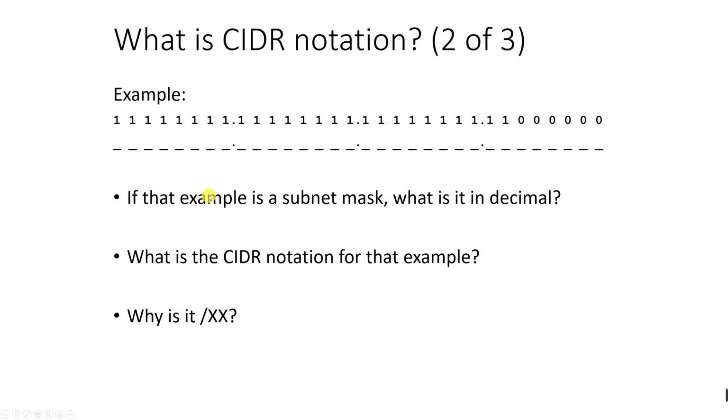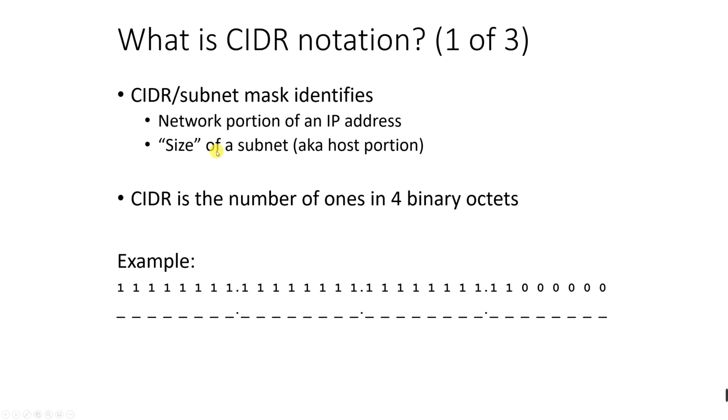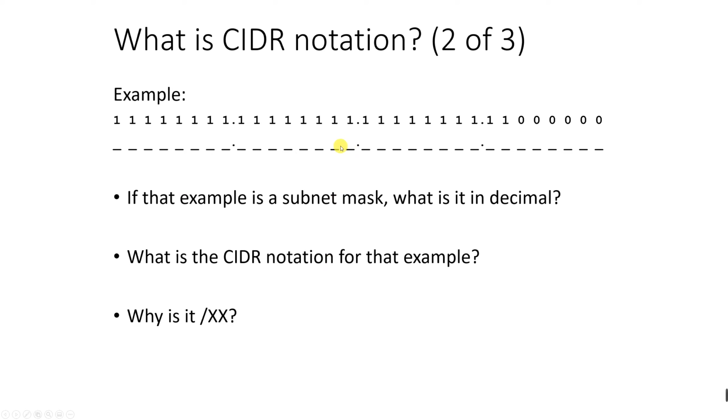So here's the question. If this example right here is a subnet mask, what is it in decimal? You're given a /26 CIDR. You have 26 ones. And let me ask you a kind of a quiz question.